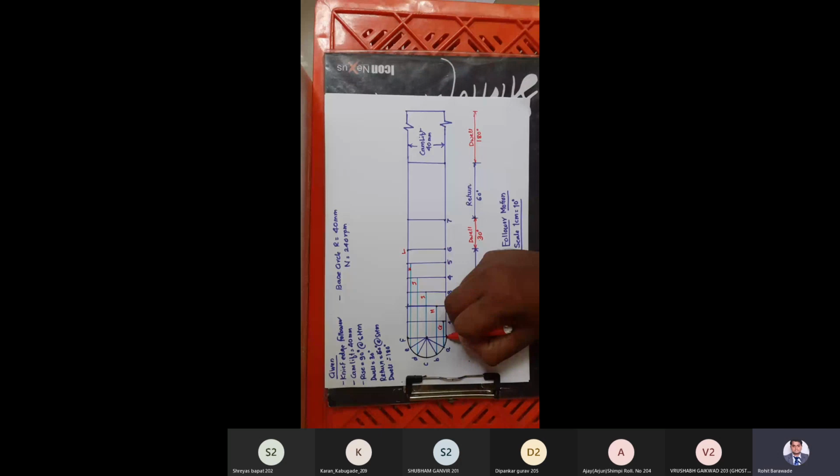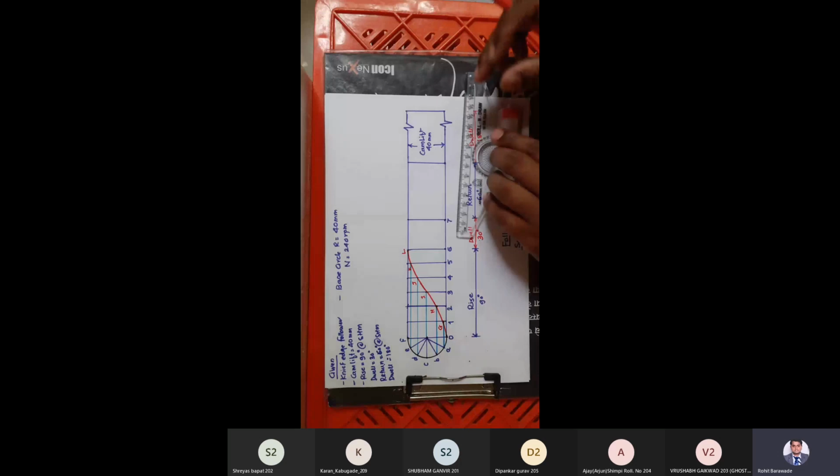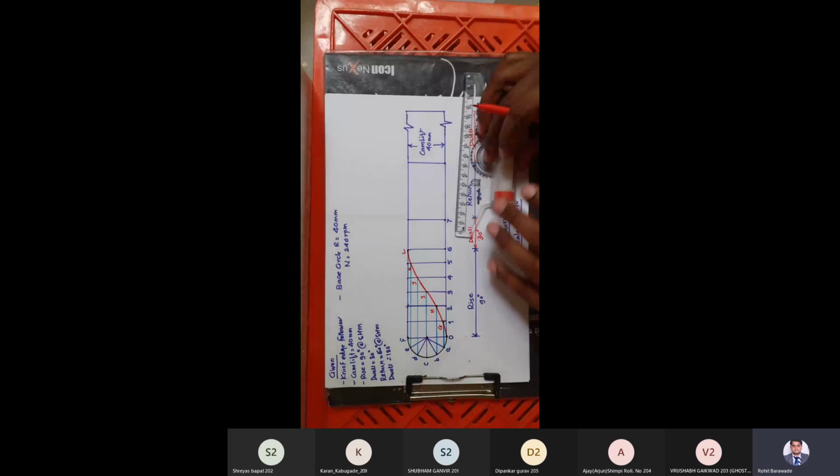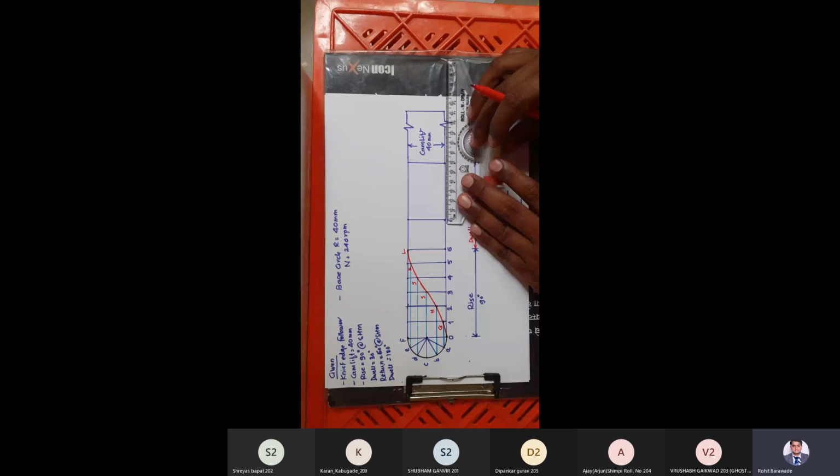Okay, this S-like structure comes, right? Then after the rise period, we go towards the return period. Same like this, the return stroke is divided into 6 parts, right? So I will divide this return stroke into 6 parts.